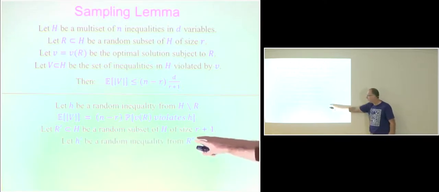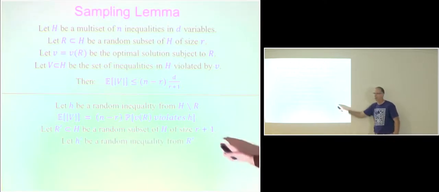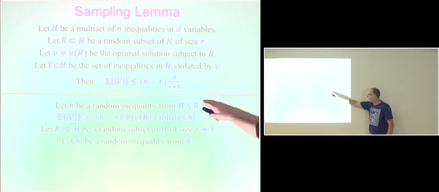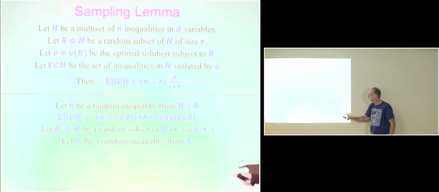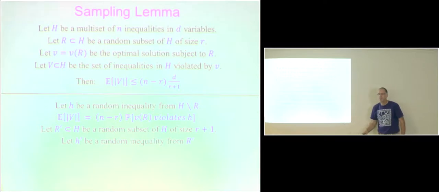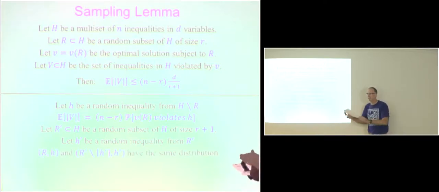Let H prime be a random inequality from R prime. Now, what can we say about the distribution of uppercase R and H and R prime and H prime? What can you say about the relation? It's exactly the same distribution, right? It doesn't really matter in which order we did it.